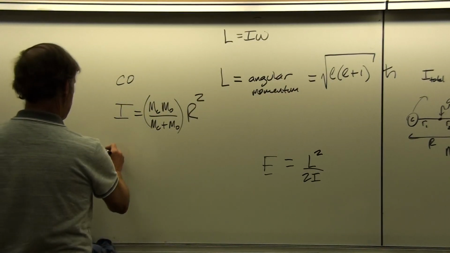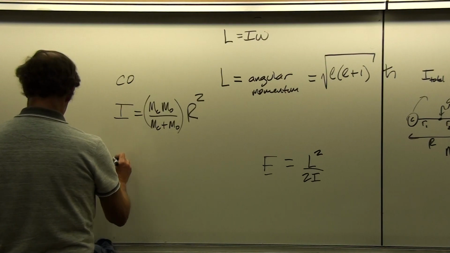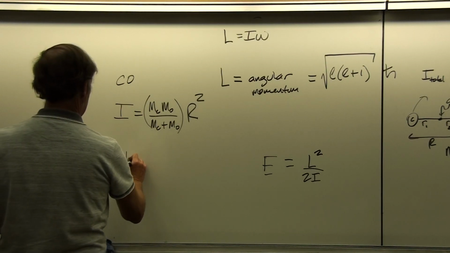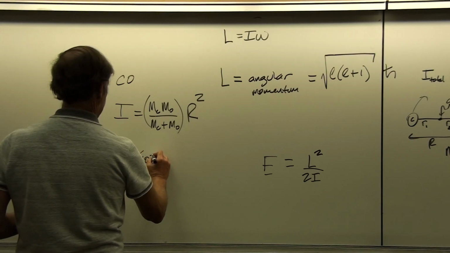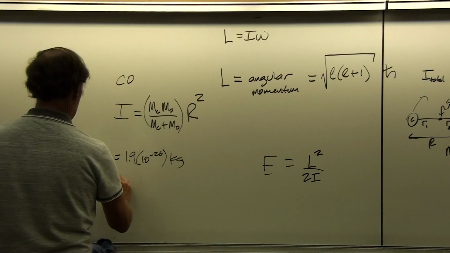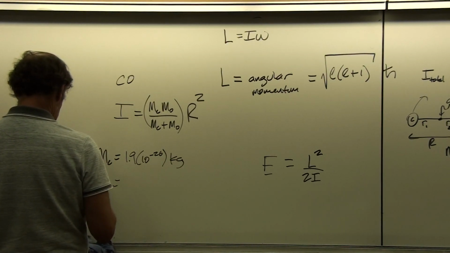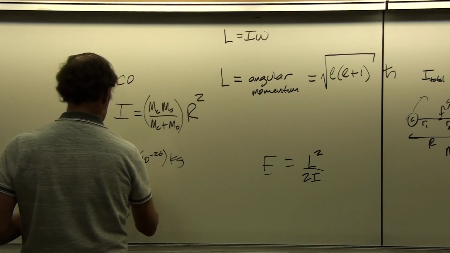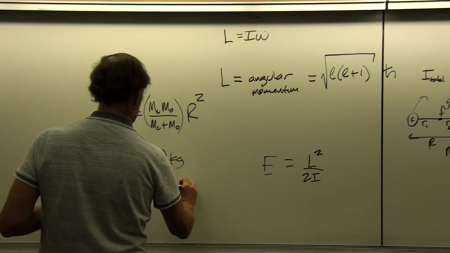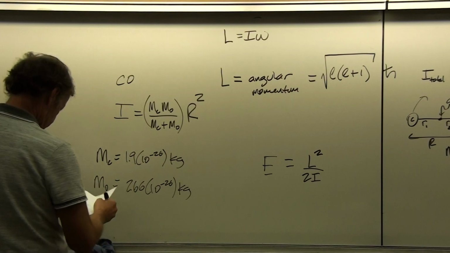and we know what the mass of the carbon and the oxygen are. The mass of the carbon is equal to 1.9 times 10 to the minus 26 kilograms. The mass of the oxygen is 2.66 times 10 to the minus 26 kilograms.